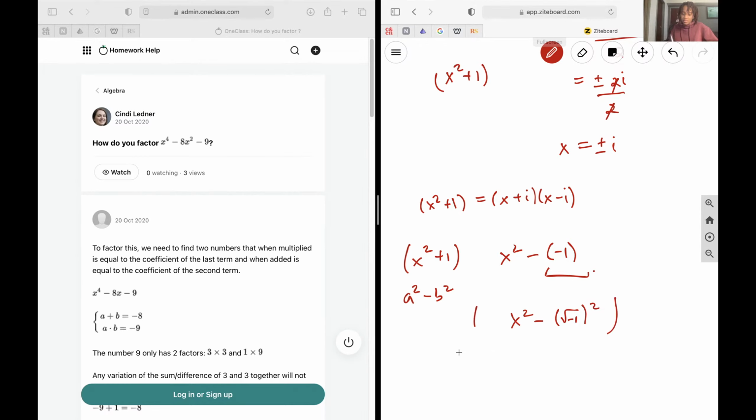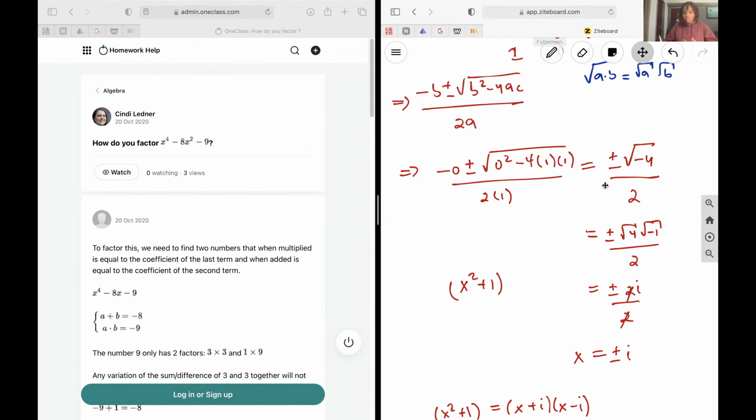So in that case, what I have is x squared minus i squared. And as I said, it will just become x plus i, x minus i, and that's purely according to the difference of squares rules and just recognizing that this plus 1, I can rewrite it in a form of minus negative 1, figure out what squared is negative 1, and so it's the square root of negative 1 squared. And so that leaves me with x squared minus i squared, so x plus i and x minus i.